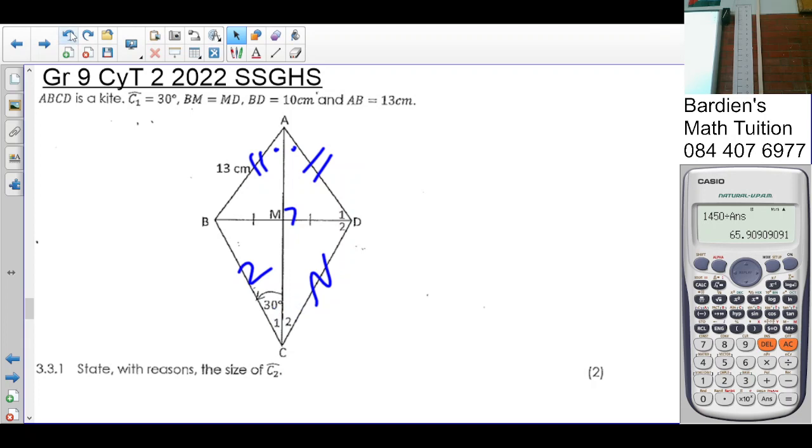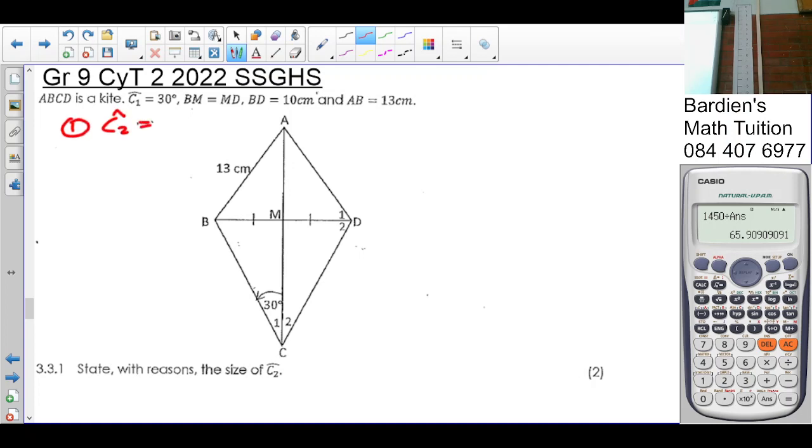So the question says, state with reason the size of C2. Angle C2. I already indicated that. So C2 is equal to 30 degrees. Why?